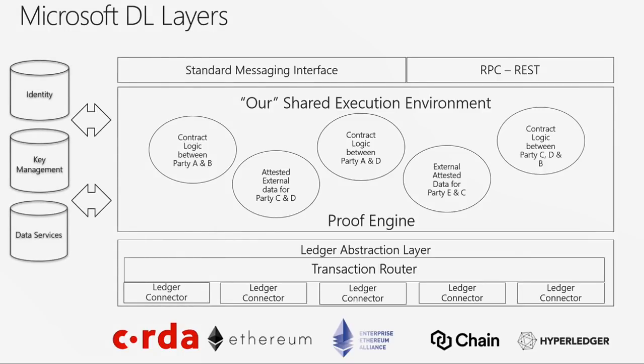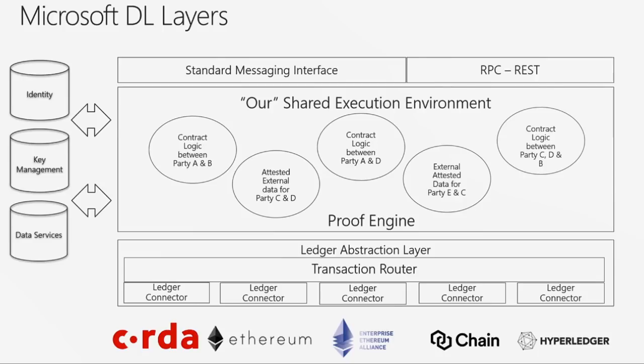Some of the things you have to have in the middle tier, first is identity. We need to be able to authenticate users coming into our system. Once we've authenticated them, because we're using private keys for different networks, we then need to get secrets, their private keys.